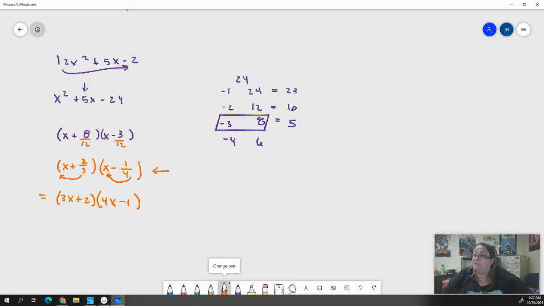It's still accurate, but then any more work that you would have to do, you're going to have to do in fractions. And I know how you all feel about fractions. And so I think it's much easier to work in terms of this than it would be to deal with those fractions.